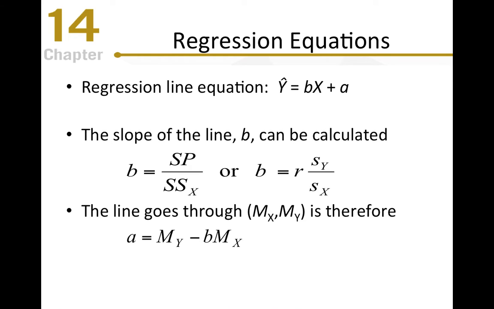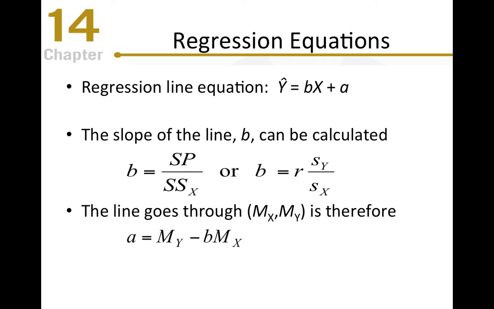As far as the intercept, one of the key characteristics about a regression line that minimizes the amount of error is that they will pass through the mean of x, mean of y point. And I think that's clearly shown in your book on page 455.